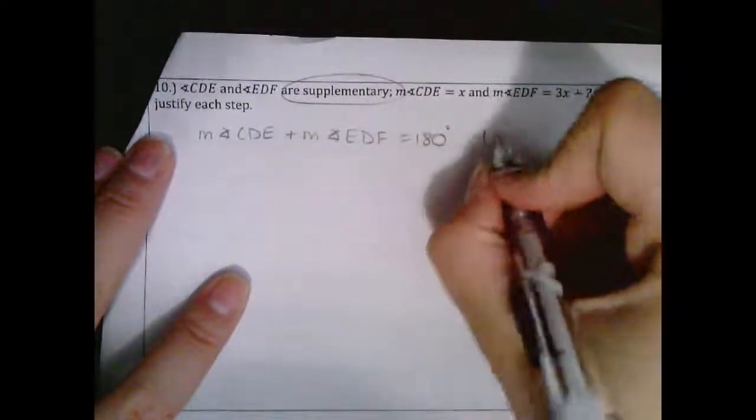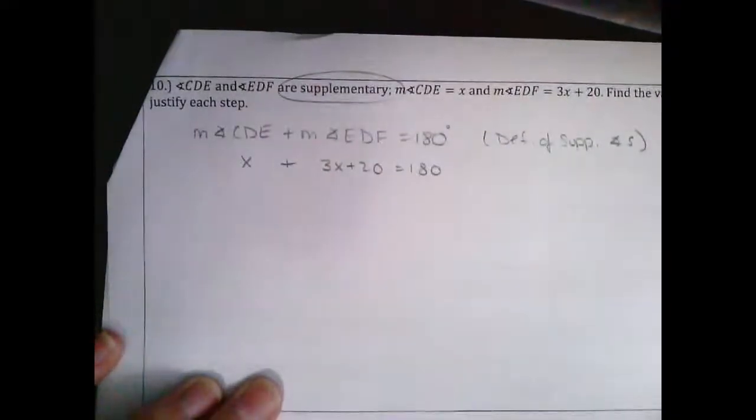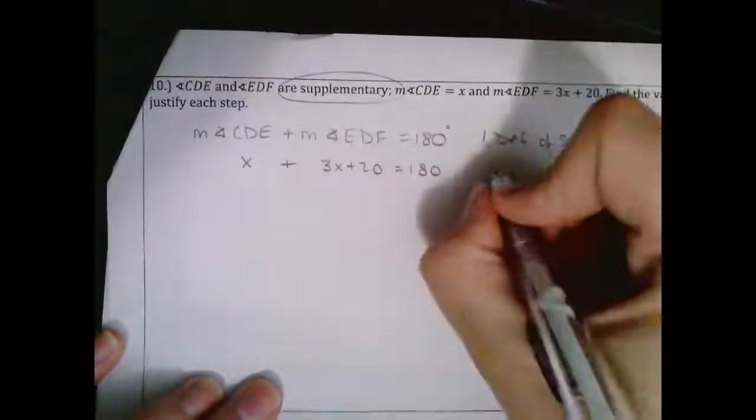Measure of CDE plus the measure of angle EDF equals 180 degrees. This is the definition of supplementary angles. Then we will substitute x and 3x plus 20 into the measure of CDE and the measure of EDF.